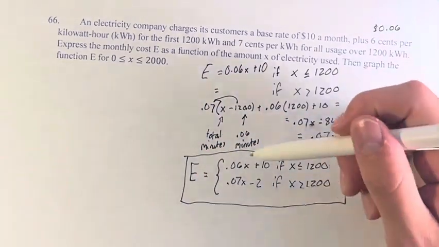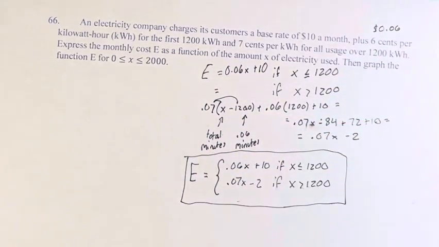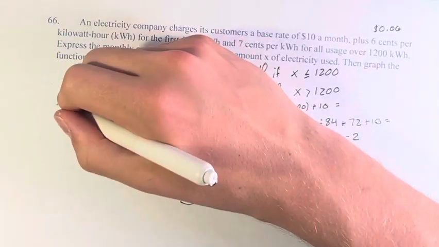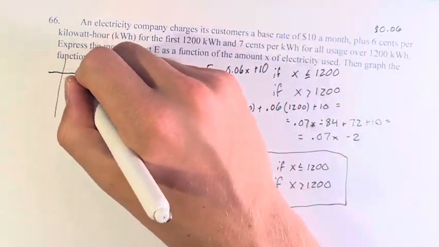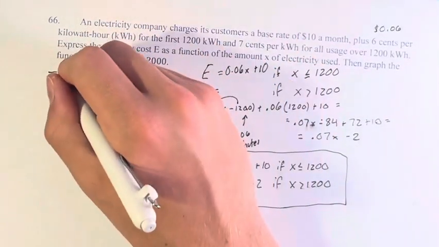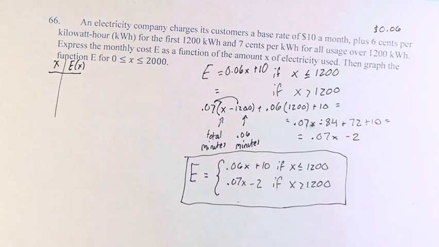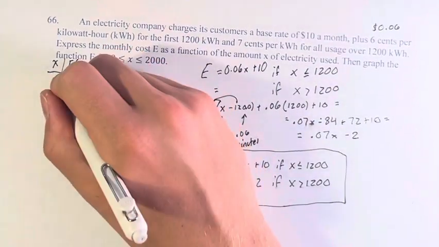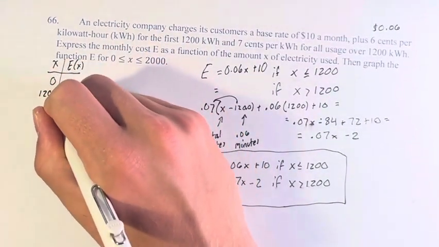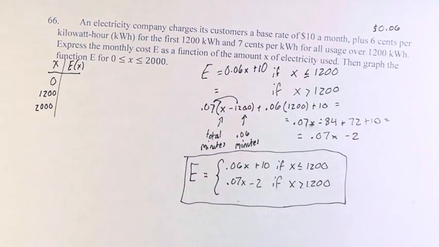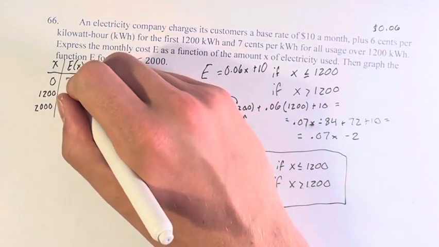I think graphing it as these lines is not super helpful. Instead, what I'm going to do is find some points for X and E of X. I think the important points to do are 0, 1,200, and 2,000. You'll see why in a second. So at 0, we're paying just the $10 a month charge.